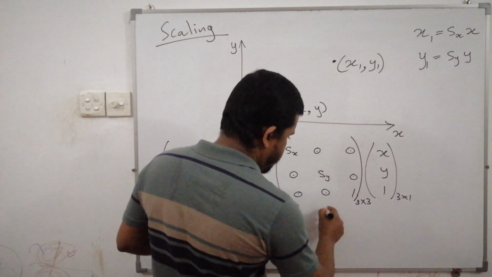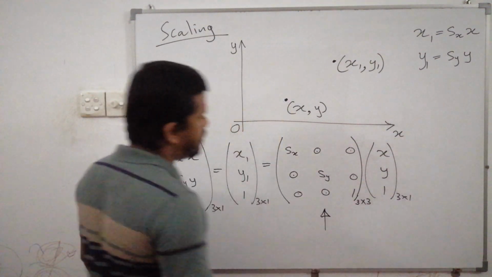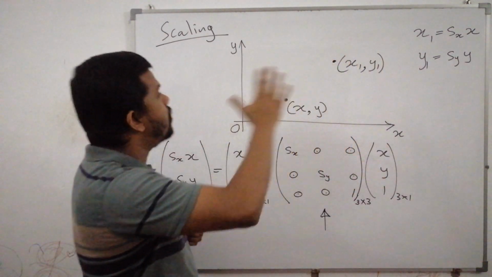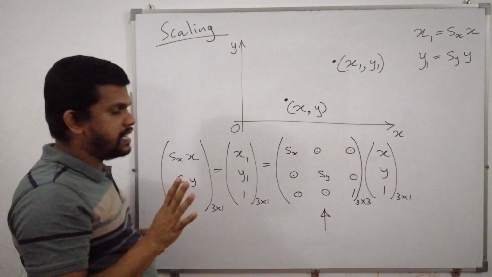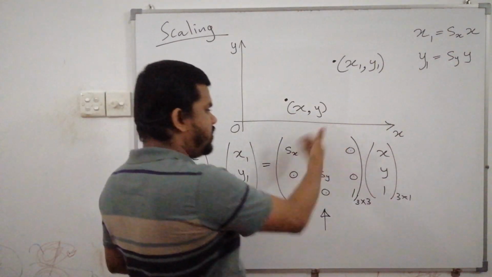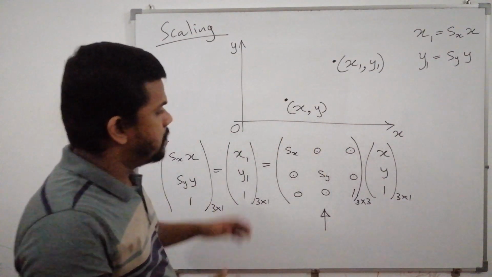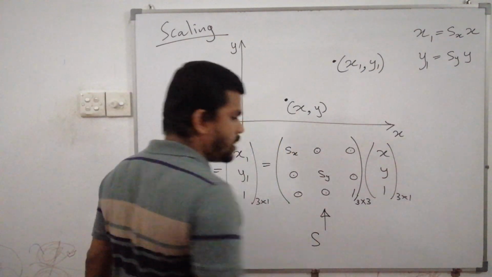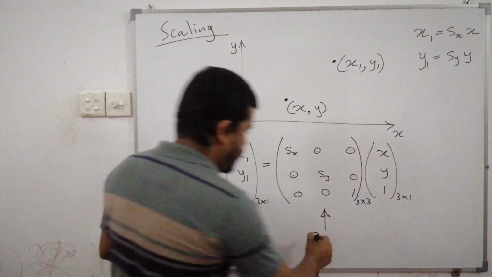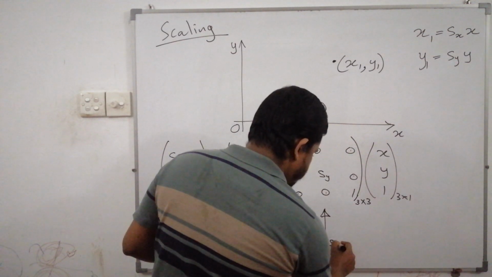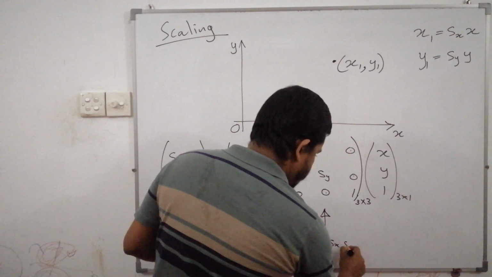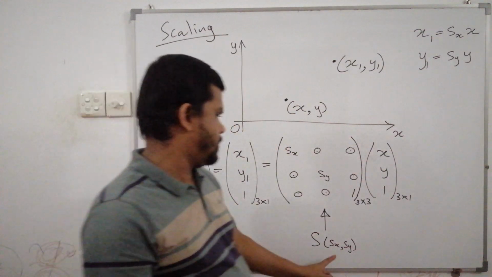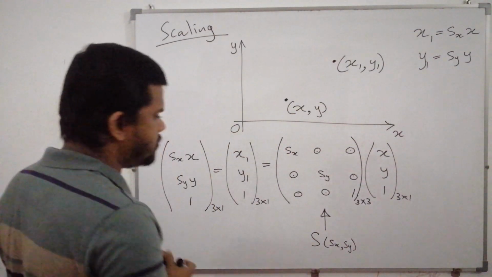Therefore, we say this type of transformation, we call it as scaling, and this matrix we call it the scaling matrix. So we use capital S, and here we put the scaling factors as the parameters.